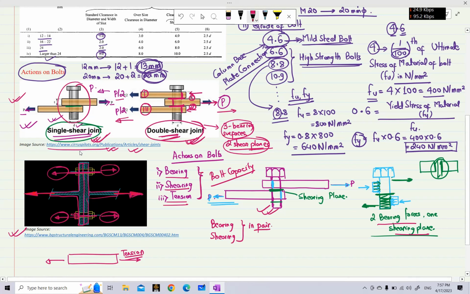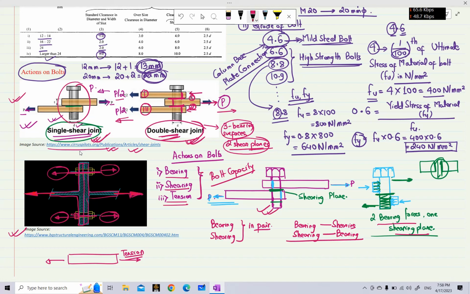That means if there are bearing forces on a bolt, there should be shearing forces also, or if there are shearing forces on a bolt, there should be bearing also. One cannot exist without the other. Bearing in absence of shearing is not possible, and shearing in absence of bearing is also not possible.